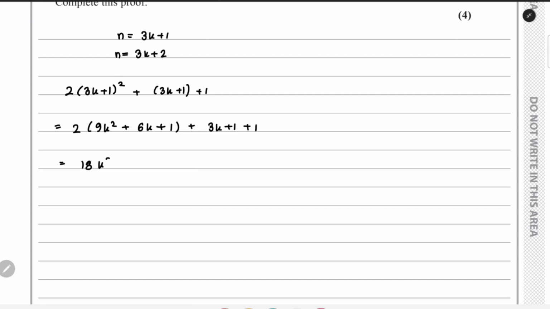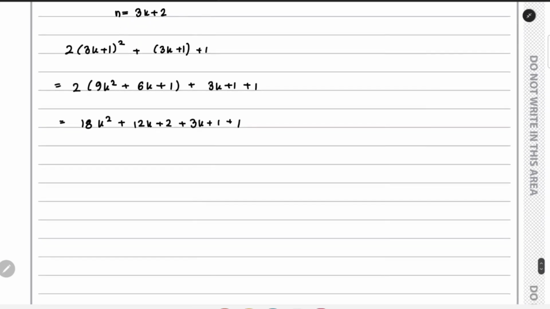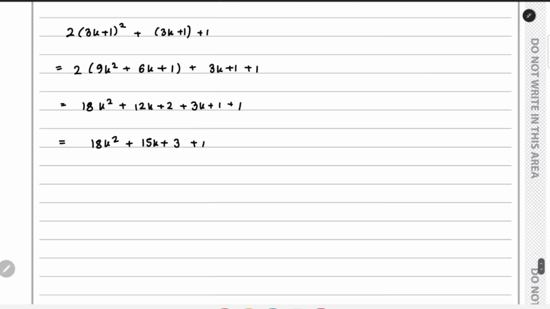We have 18k square plus 12k plus 2 plus 3k plus 1 plus 1. We can take 3 common over here. First, let me write the terms together. We have 18k square plus 15k plus 3 plus 1. We can take 3 common out from here. So we have 3 times (6k square plus 5k plus 1) plus 1.